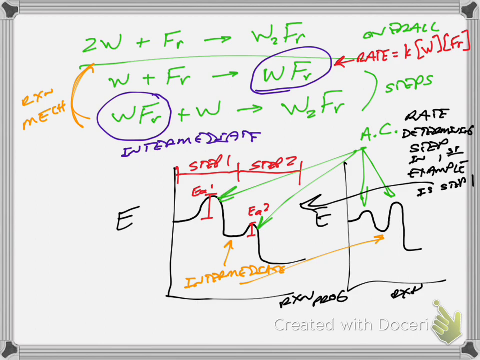And so the slow step always ends up being the rate determining step for the overall reaction. Of these two examples that I gave you, the diagram on the left is one where the rate determining step is the first step, and on the right, the second step is the slower step, and therefore the rate determining step, because it has the higher activation energy.